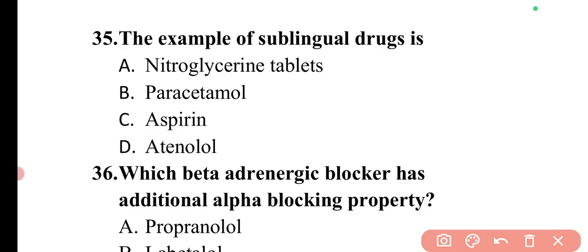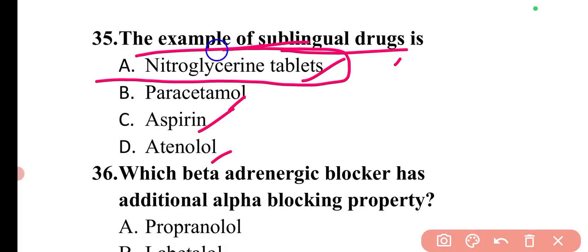Next question is, the example of sublingual drugs is, options are nitroglycerin tablets, paracetamol, aspirin, or atenolol. The correct answer is option number A, nitroglycerin tablets.